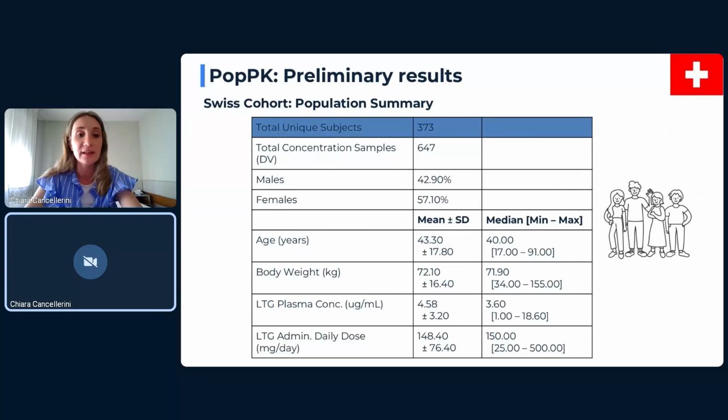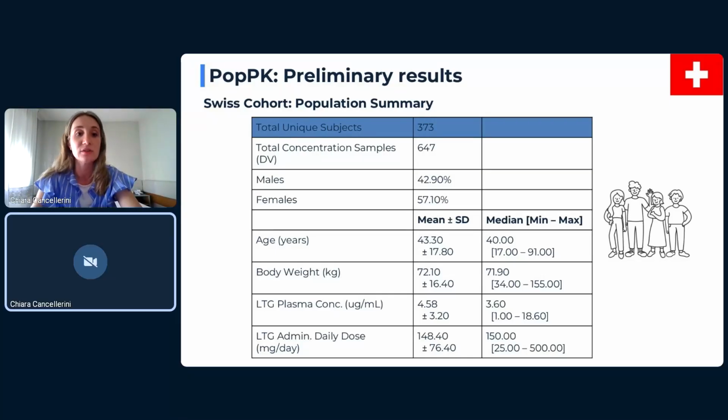There was a pretty large cohort in Switzerland, because they do TDM in epilepsy routinely. So we had more than 350 unique subjects, so more than 600 patient sample concentrations. And this was really useful for the method.